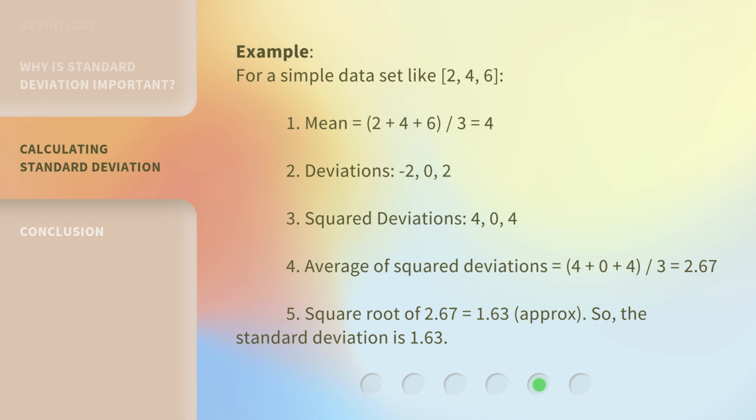Average of squared deviations equals (4 plus 0 plus 4) divided by 3, which equals 2.67. 5. Square root of 2.67 equals 1.63, approximately. So, the standard deviation is 1.63.